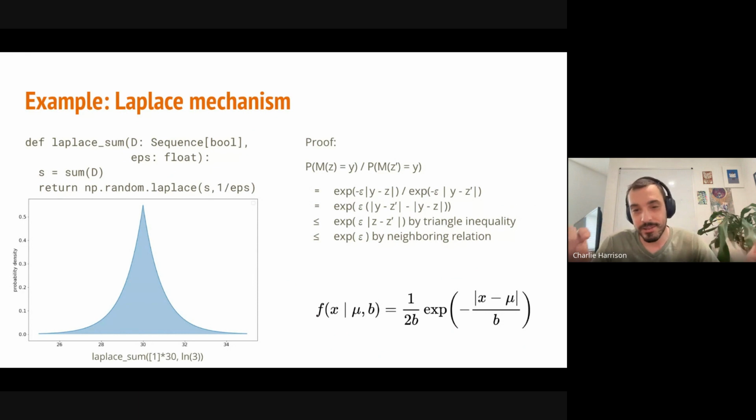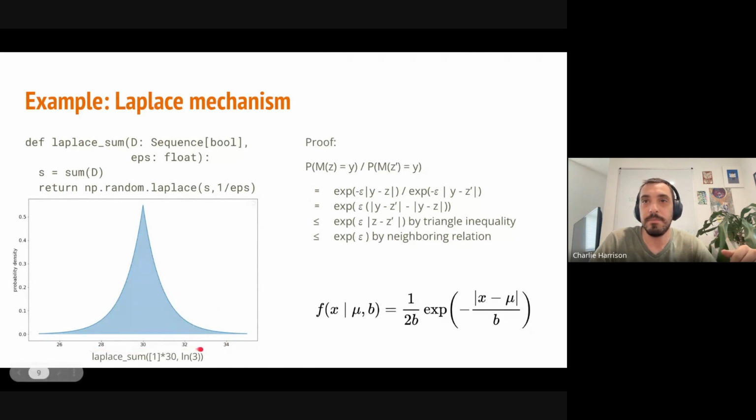Our neighboring relation will be that you're adding or removing one user. We're just going to sum up the Booleans, which gives us the number of users who are submitting true. And we're going to invoke this Laplace mechanism centered around the true value, but scaled based on epsilon.